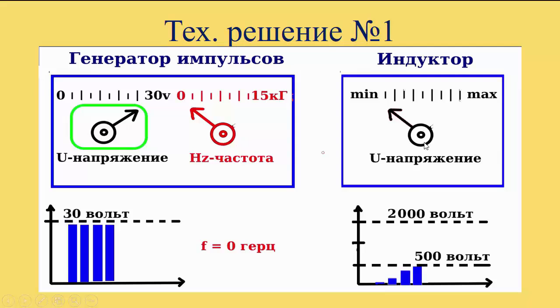That is, we are now at a stage where we turned on our installation and the voltage on the pulse generator is set to 30 volts. The graph shows 30 volts. We set the frequency to 0, and the voltage on the inductor was set to a minimum.